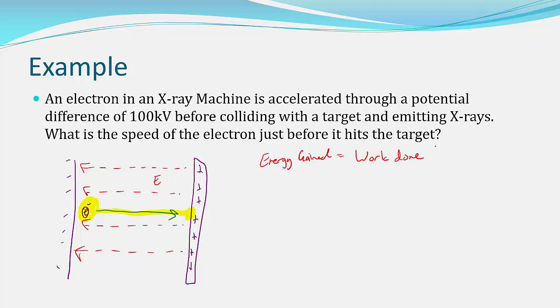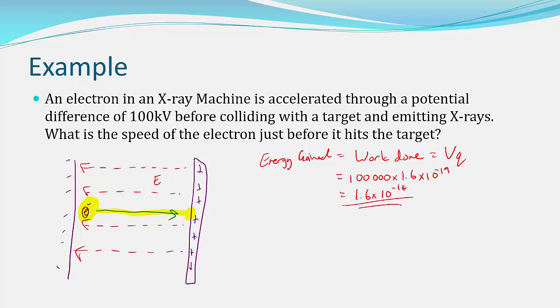And that work done is going to be the potential difference that it moves through multiplied by the charge in that particle. So for this particular case, it's going to be 100 kilovolts, or 100,000 volts, times the charge on that electron. And you should end up with 1.6 times 10 to the negative 14.